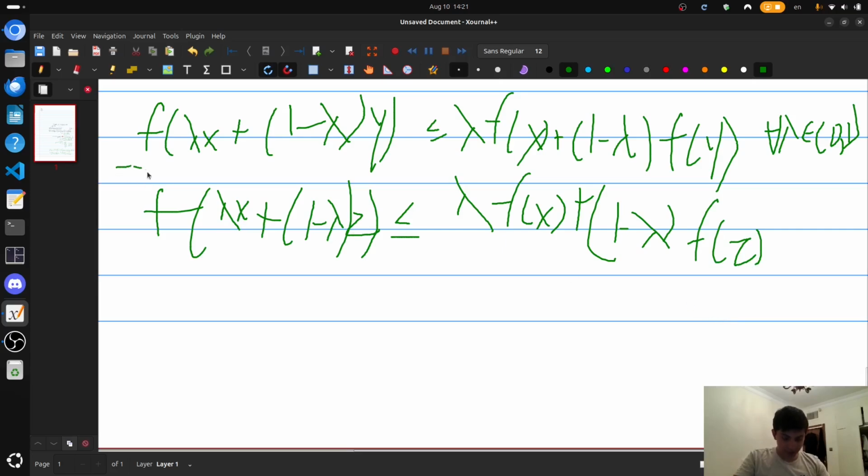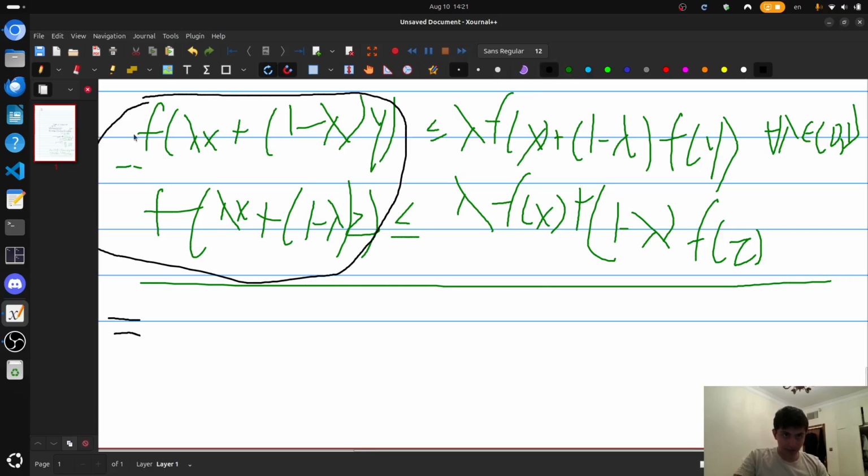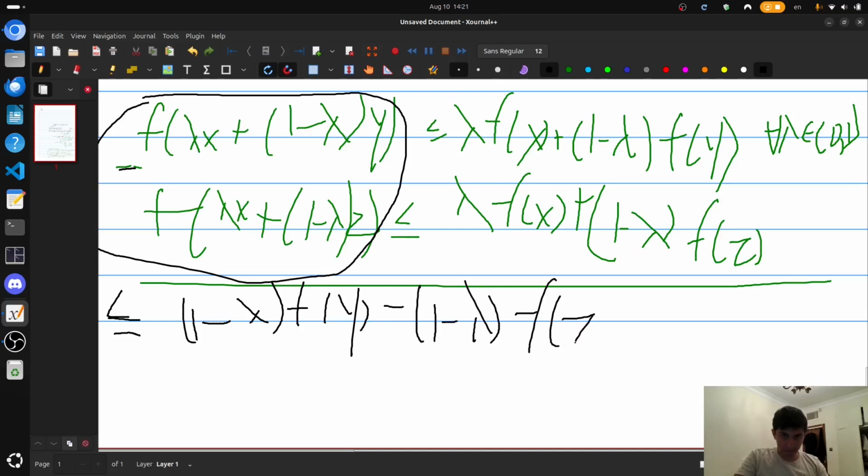These two subtracted together give, it's going to be less than or equal to 1 minus lambda f of y minus 1 minus lambda f of z, for all lambda in 0 to 1.